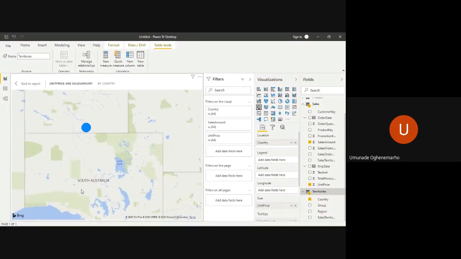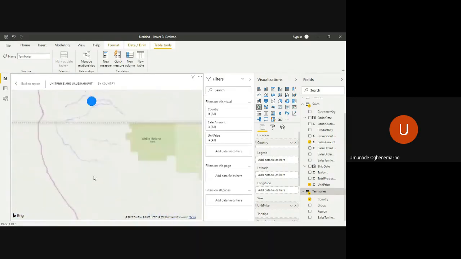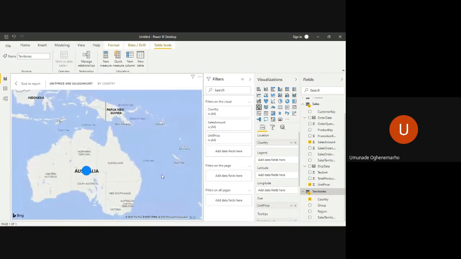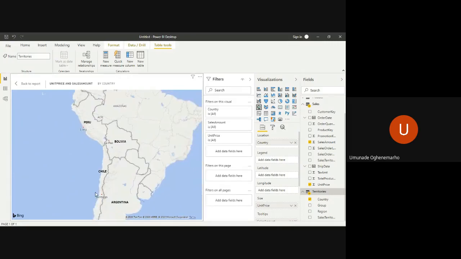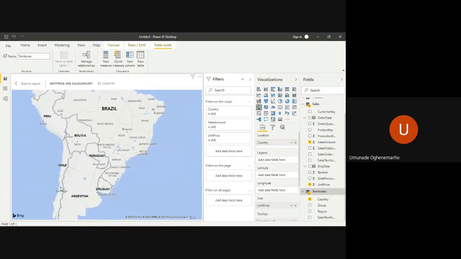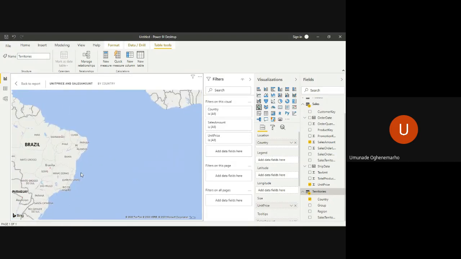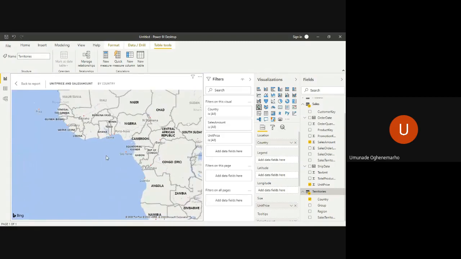And if we keep zooming in, we can even end up seeing my house, because that's basically how the map works. So you can put in a couple of other things, and the size is based on the unit price, and so on and so forth.